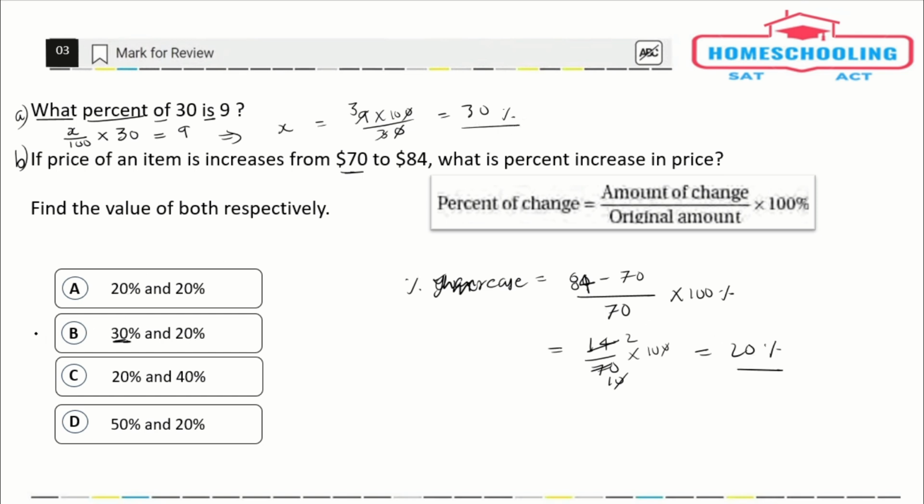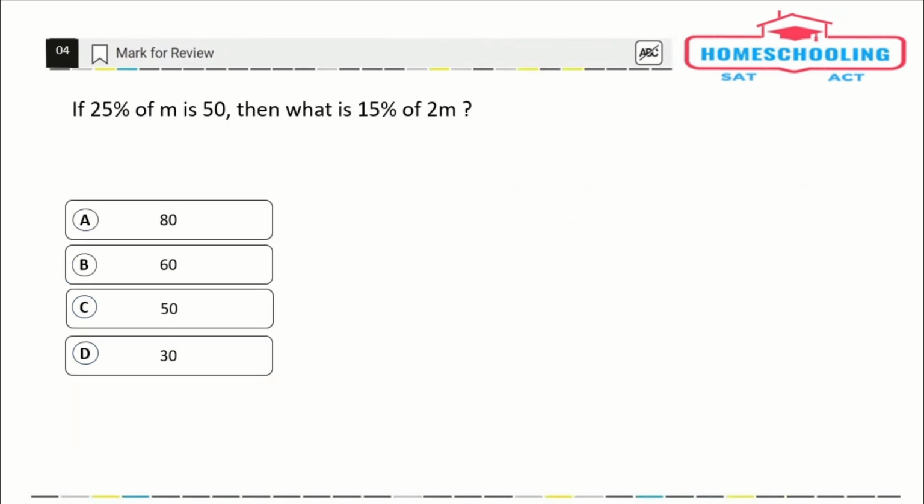So option B would be your correct answer. Now moving to the next question. If 25% of m is 50, so 25% would be written as 25 by 100, "of" means into m, and it would be written as m, "is" equal to 50.